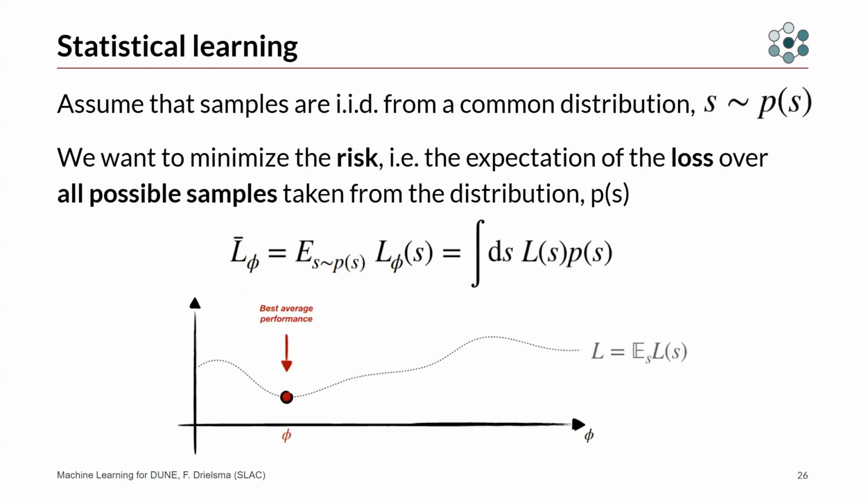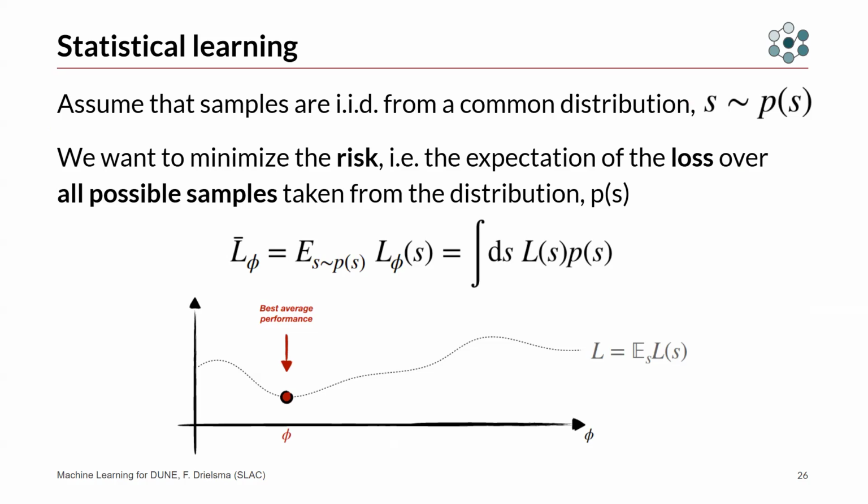And so what we really want to do when we do statistical learning, which is what machine learning is, is learn the underlying distribution of the data, right? But the problem is that we cannot get to the distribution ever, but we can sample from this distribution, right? That's what we do. So we take a bunch of samples from the distribution. You can think about this as an instance of a simulation of an interaction, a neutrino interaction in the detector.